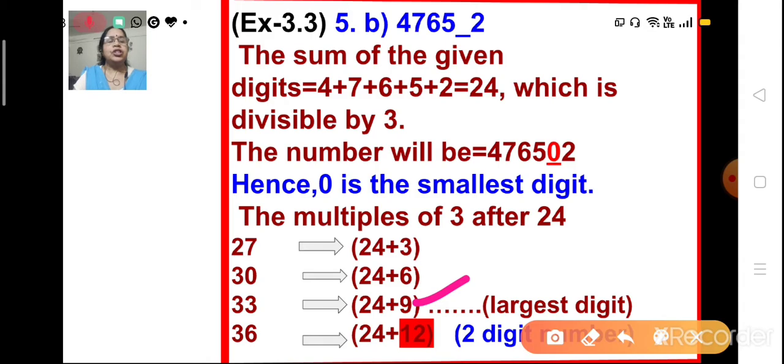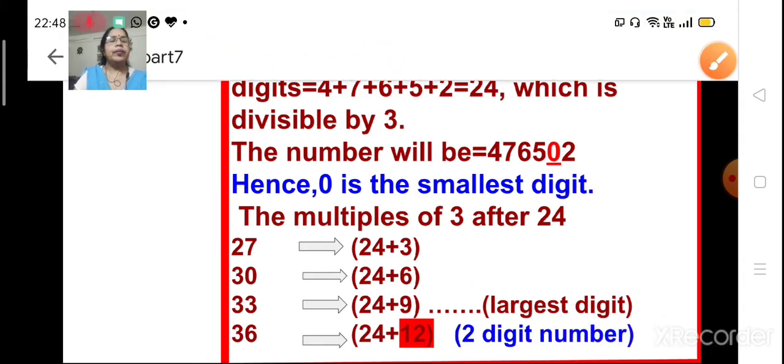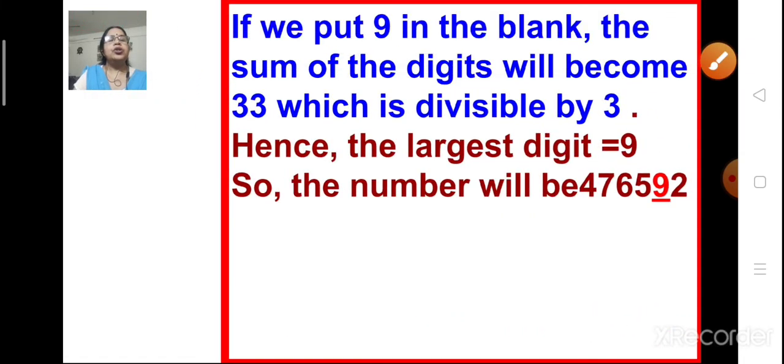So the largest digit will be 9. If you put 9 in the blank, the sum of the digits will become 33 and it is divisible by 3. So the largest digit is 9, and the number will become 4,76,592.